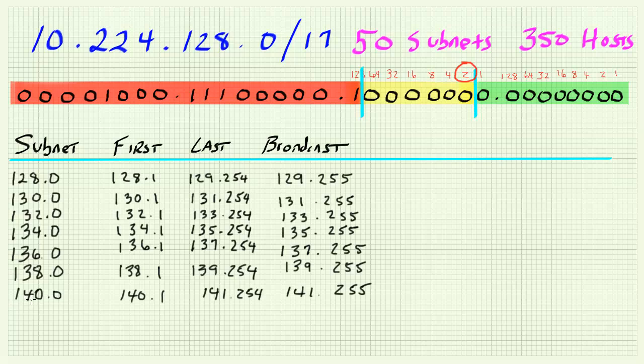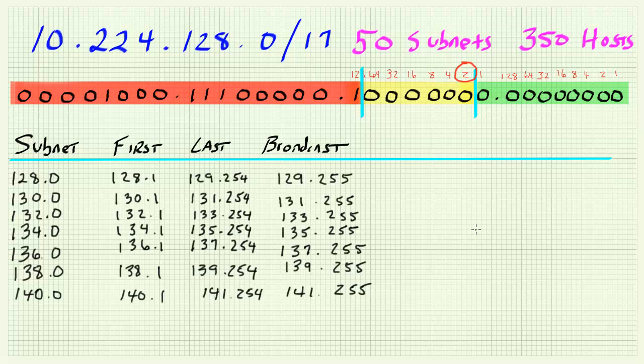Same thing for the 140.0 subnet. First host is 140.1. We calculated the broadcast of 141.255, which gives us a last host of 141.254. And so it goes, and you could walk all the way down through the remainder of all of those 64 subnets if you wanted to, and it's going to work the same way for every one all the way through.